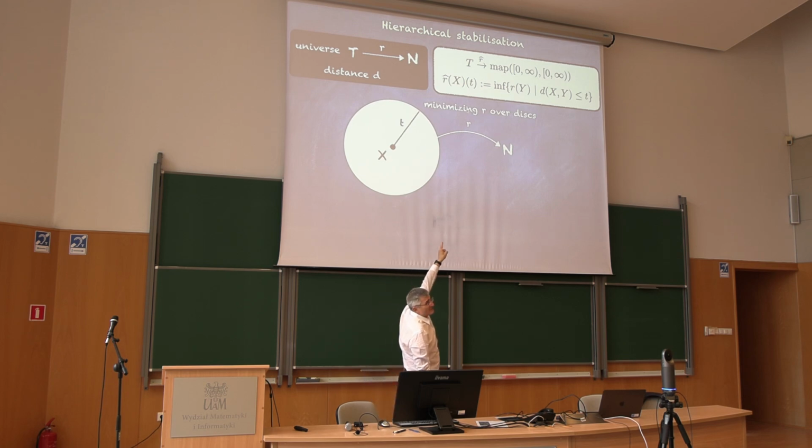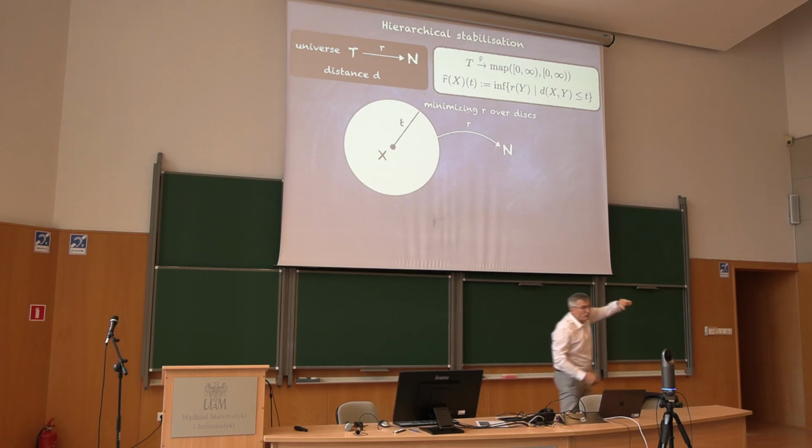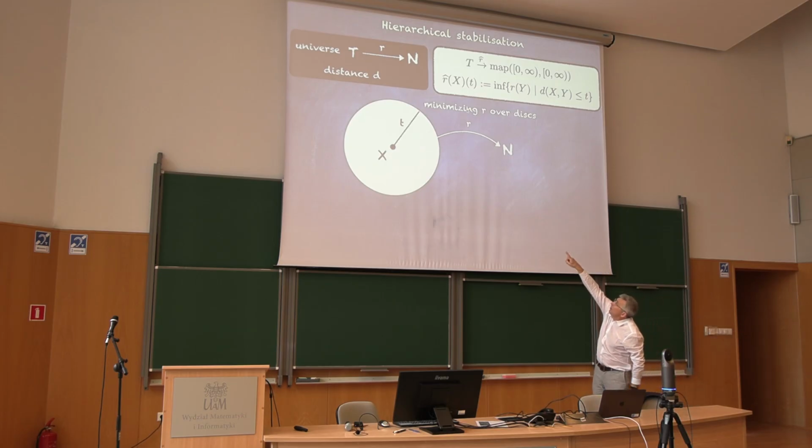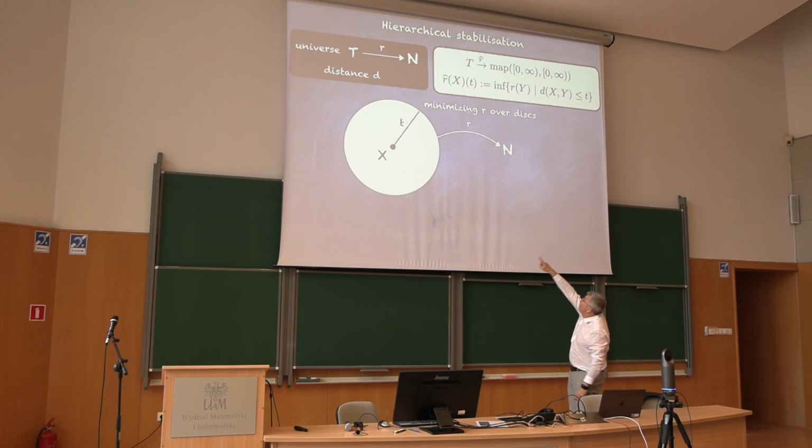So you have to tell what is the value at t. So you look at this object in your universe. You look at this distance in your space. You look at the ball, and you minimize your counting invariant on that ball. That's the value of that function.